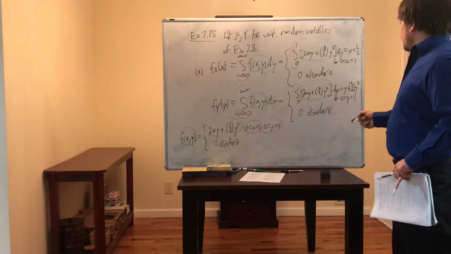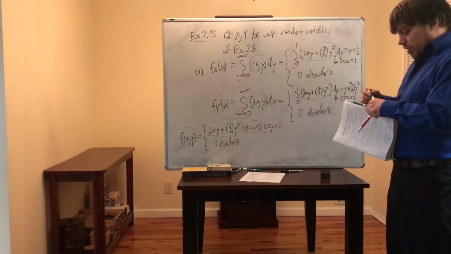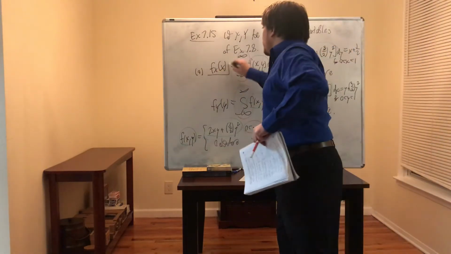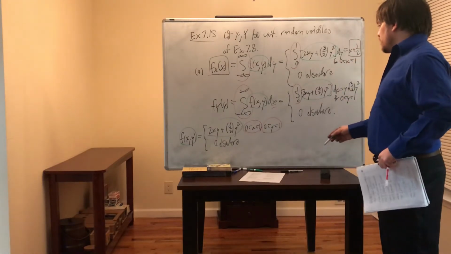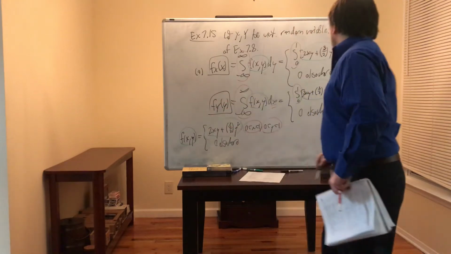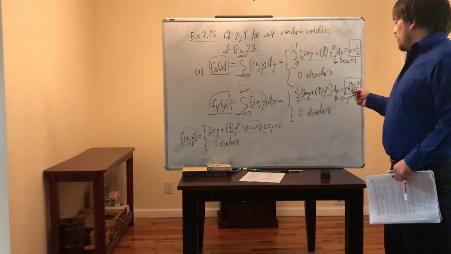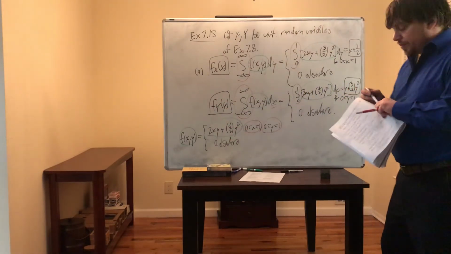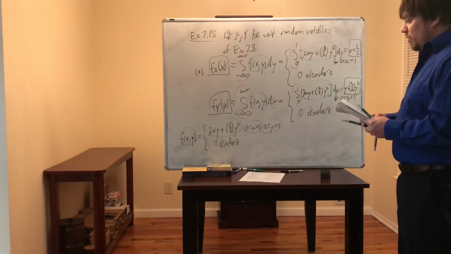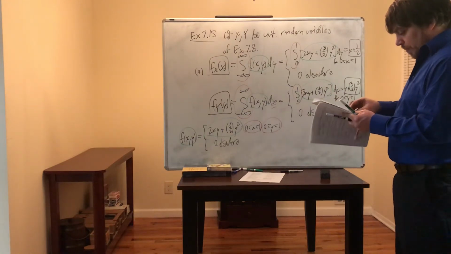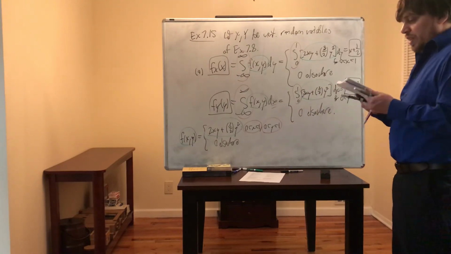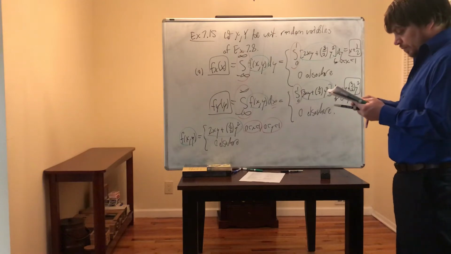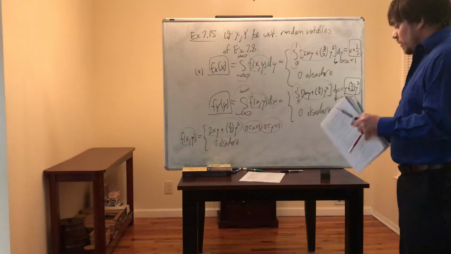So our conclusion is that little f sub x of x is x plus 1/2 for those values of x, and f sub y of y is equal to y plus 3/2 y squared for y between 0 and 1. Okay, and so that's part A. Okay, so let's keep going.